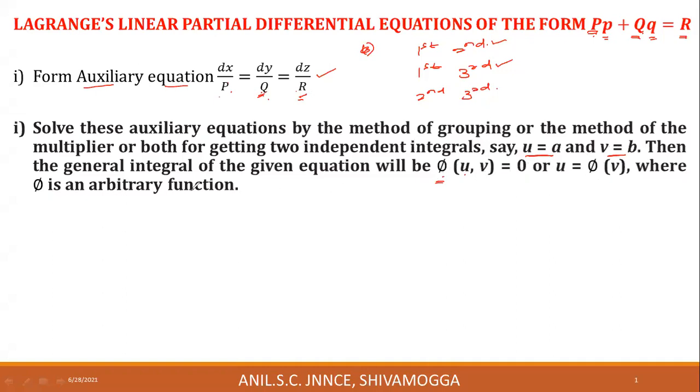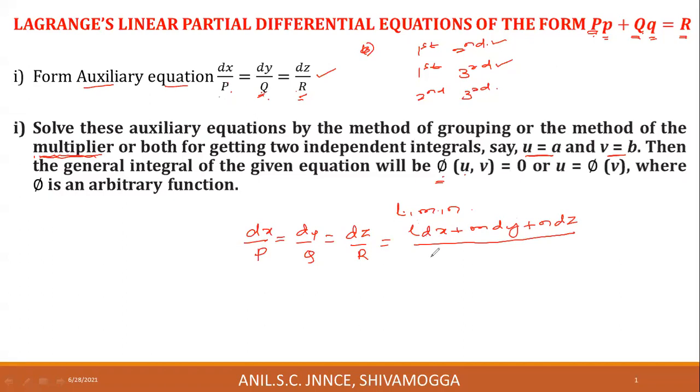In such cases, we use multipliers L, M, and N. We introduce three multipliers L, M, and N such that each of these three ratios, that is dx divided by P, is equal to dy divided by Q, is equal to dz divided by R, is equal to, now construct one more ratio, L into dx plus M into dy plus N into dz divided by LP plus MQ plus NR.